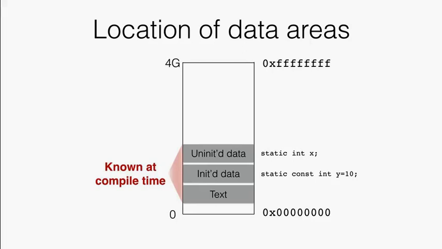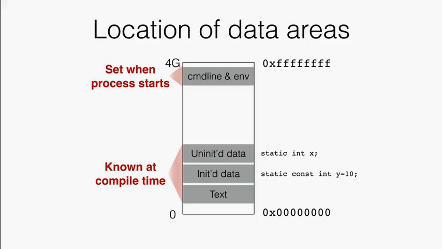All of this data is known at compile time, so the compiler can determine where it goes and can specify as much in the executable. At the top of the address space comes the command line arguments and environment variables, and these are set when the process starts. Just below them is the stack.